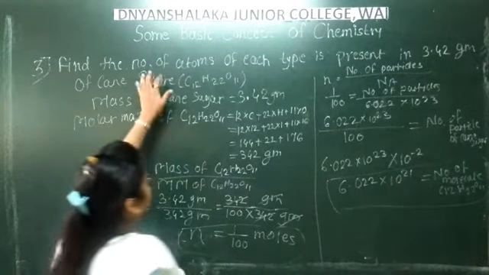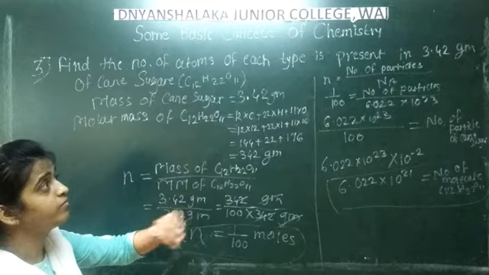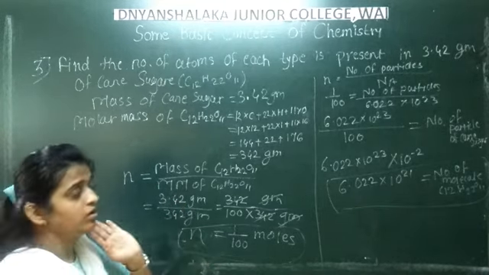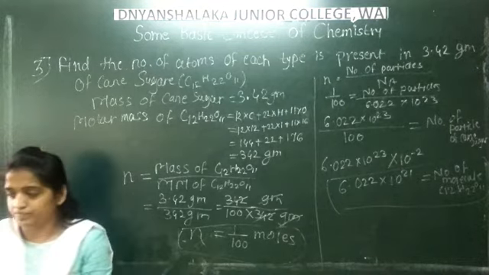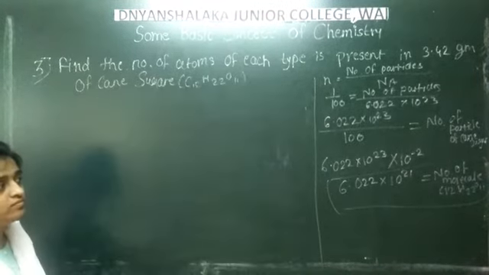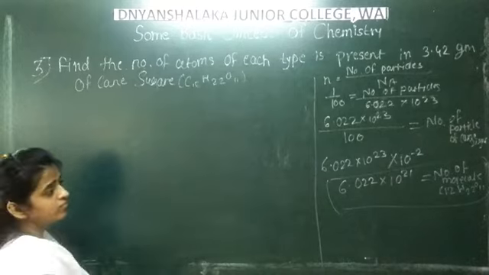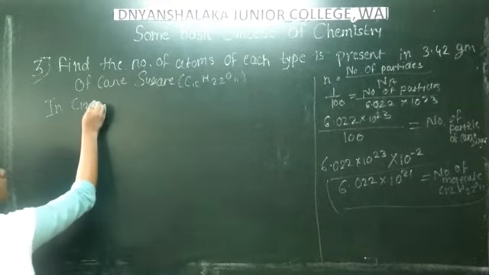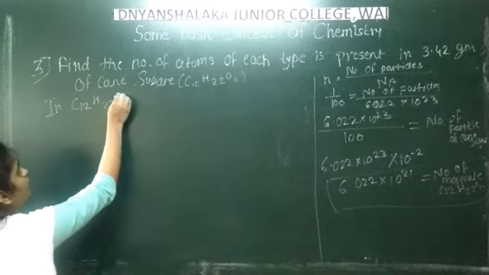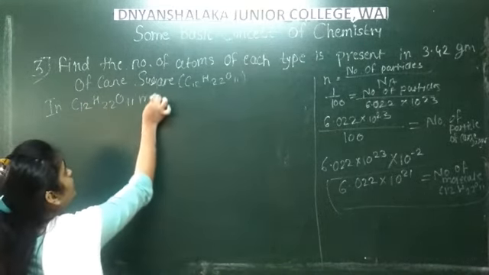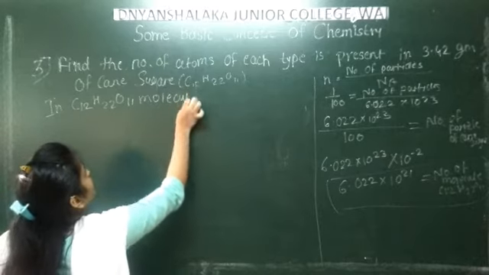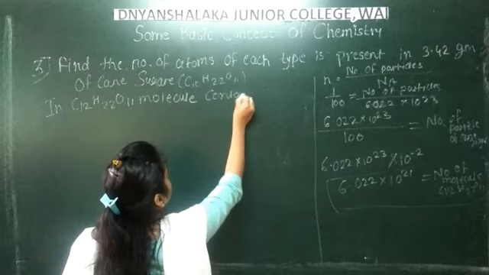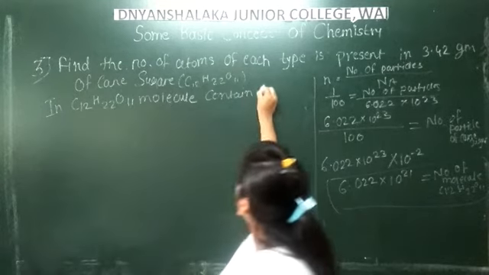Next we have to find out the number of atoms of each type present in the molecule. The molecule means C12H22O11. So first we have to find out the carbon in cane sugar. One molecule of C12H22O11 contains 12 carbon atoms.